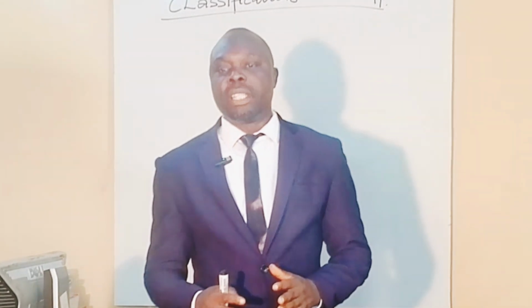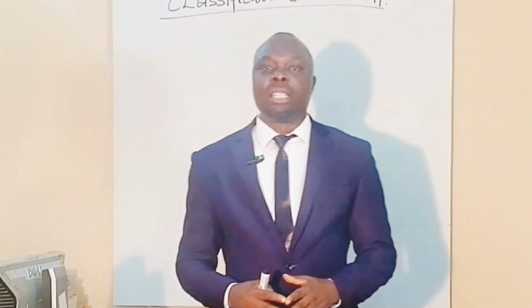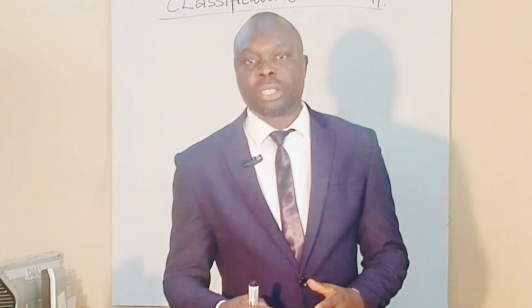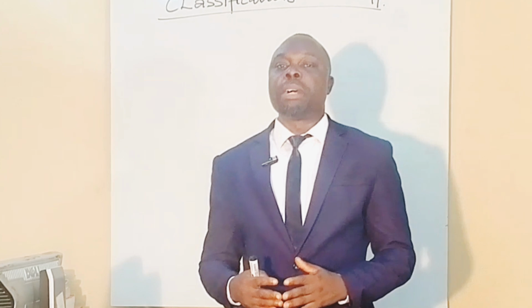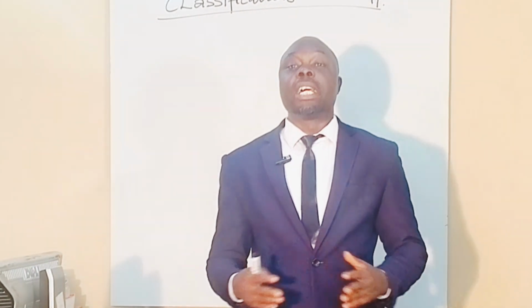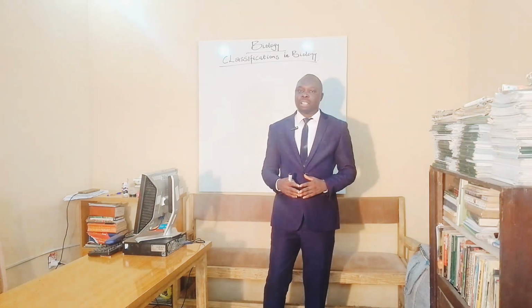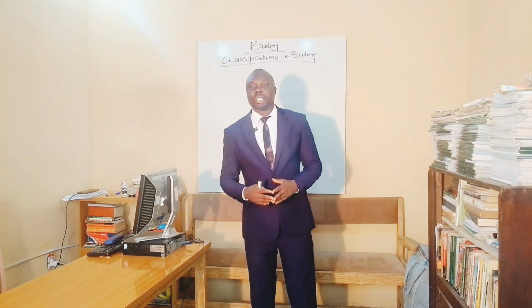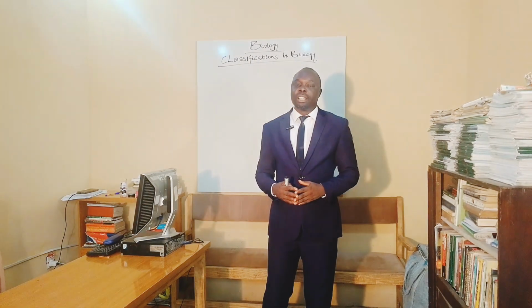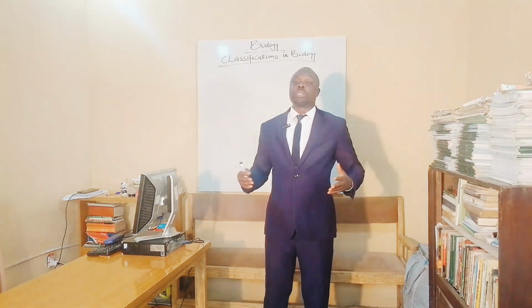There are so many living organisms in the world, and it's difficult to name them one by one because of the abundance in the world. So biologists are faced with great difficulties in explaining this great diversity of organisms in the world.